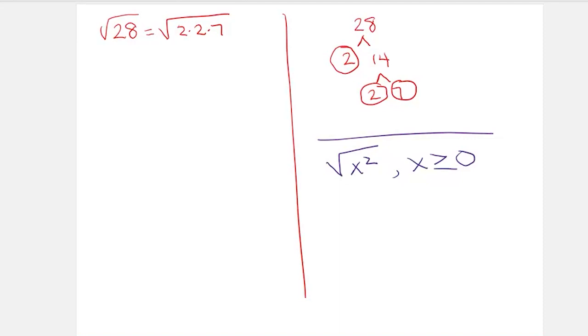If this is true, then I can cancel those, and I just get the square root of x squared is equal to x. If x is less than 0, I'm going to square it, so I'm going to make it positive. So it's going to be a positive number, but it won't be the original x. It will actually be the absolute value of x if x is less than 0.